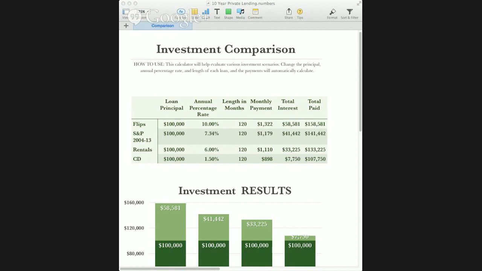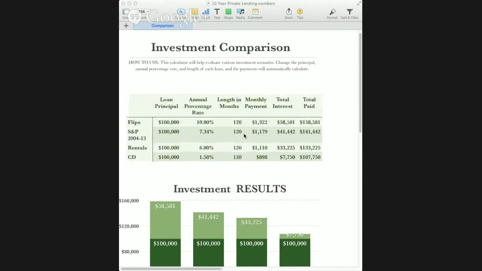In 2005, only 4%. In 2007, only 5%. In 2008, it went down 36%. In 2009 and 10, it recovered, but in 2011, it was only 2%. And in the last 2 years, it's gone up quite a bit. But when you average that, they're only going to make 7.34%.